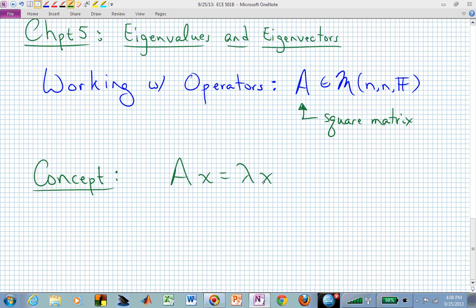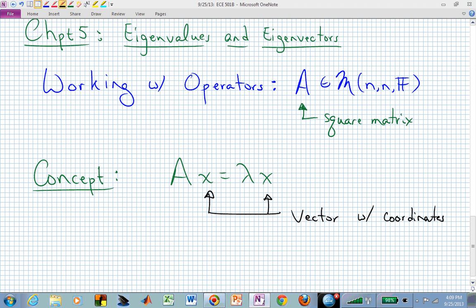And I might just write that a lot of times as AX, capital A, X is equal to lambda X. These X's are vectors. It's the same vector. That's a vector, and its coordinates, or its elements, those scalars that make up that vector, maybe n by 1 in terms of a column vector.